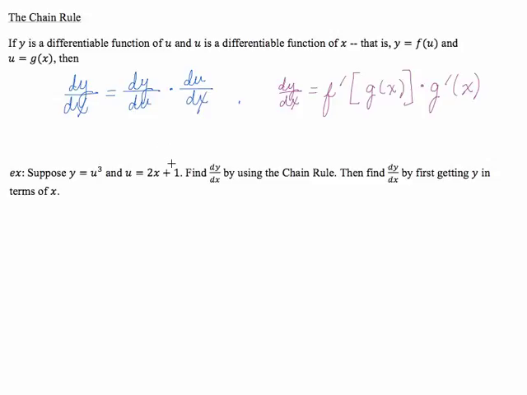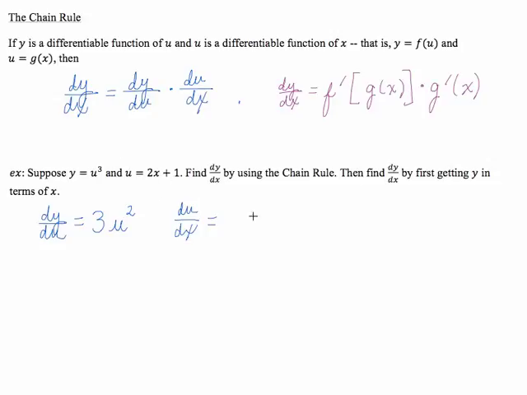So first, chain rule: if y is defined as a function of u and u is defined as a function of x, then dy dx is defined as dy du times du dx. So dy du, that's the derivative of y with respect to u. That's this right here. Using normal power rule, that's 3u squared. And du dx, that's the derivative of u with respect to x right here.